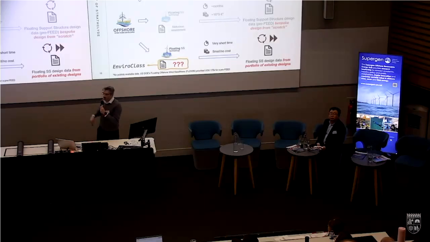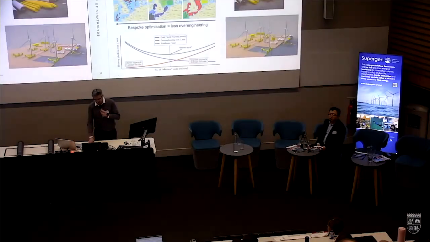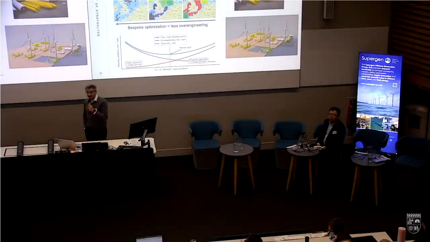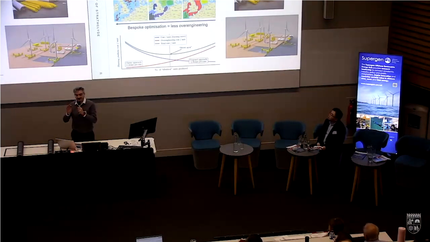So the magic thing that we're talking about is this project, EnviroPlus. Reiterating some of the benefits, the basic idea is that you do not design the superstructure for a specific farm, you design it for a zone of the sea.